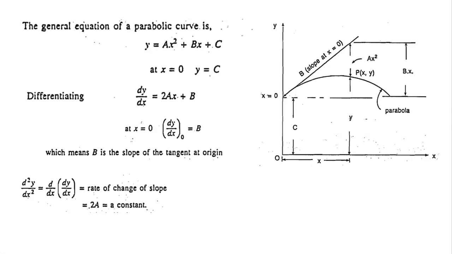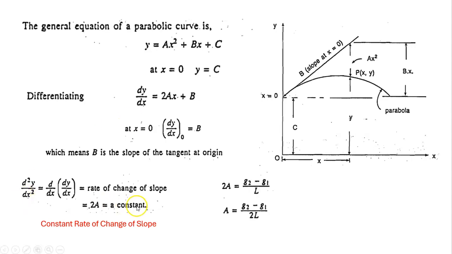Now let's do the double differentiation, d square y by dx square. If you differentiate this equation again, it becomes just 2a. So it ultimately takes a constant form. This is a constant rate of change of slope.